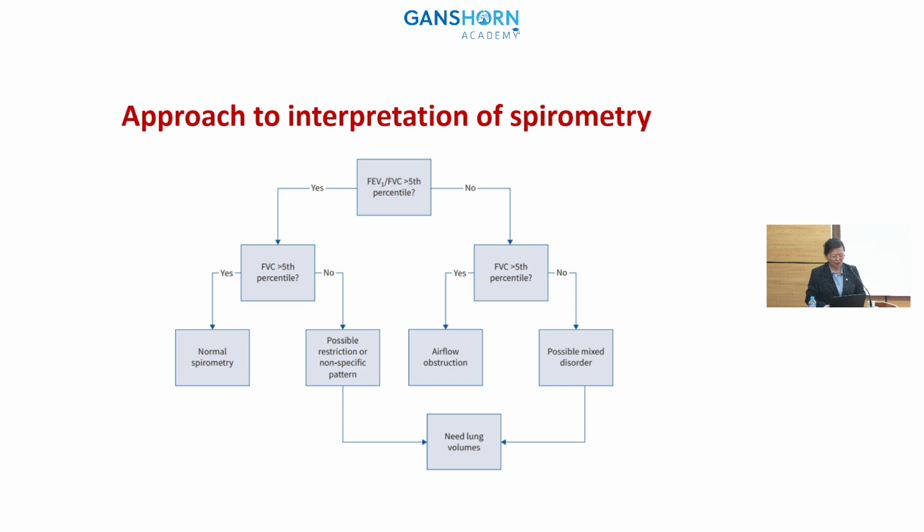If there is no obstruction and no restriction, we have a normal spirometry. But if there is no obstruction but possible restriction, we have to go to the lung volume.